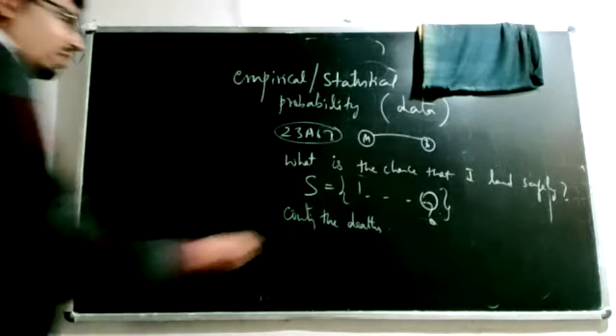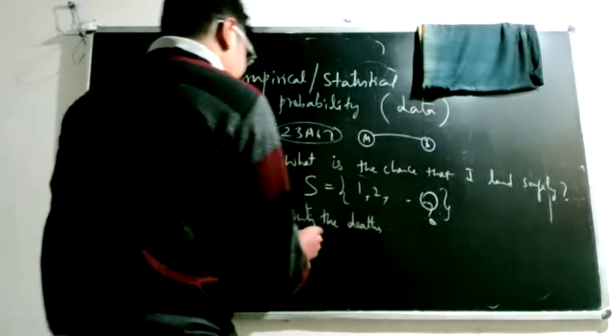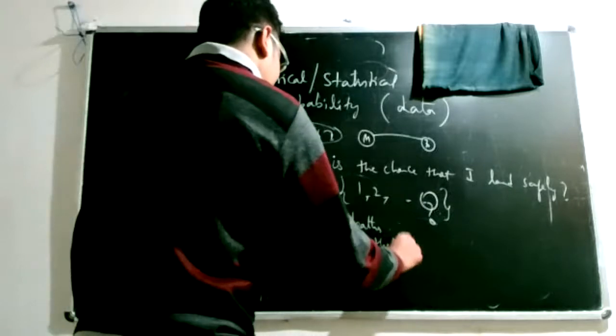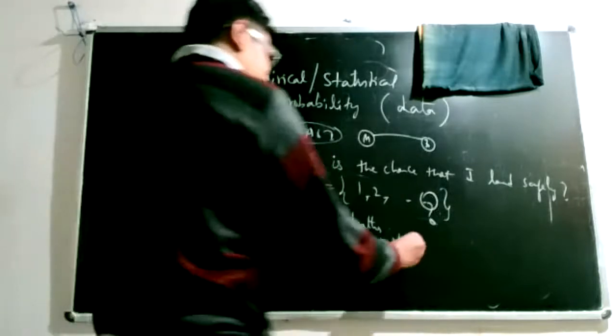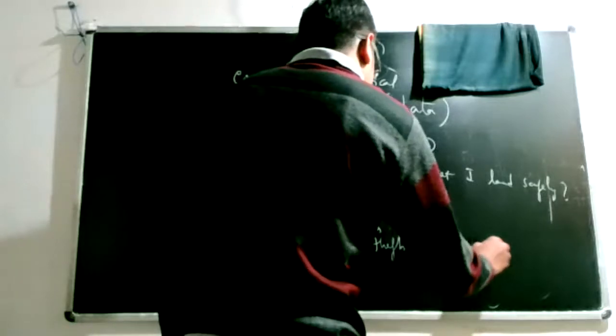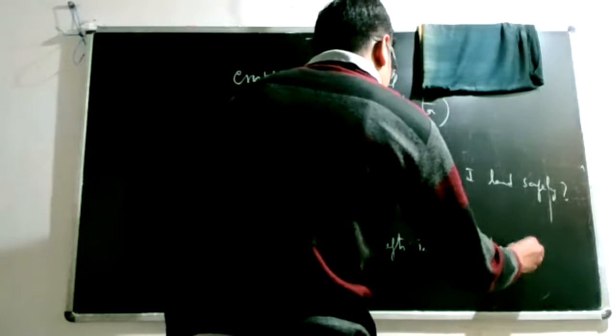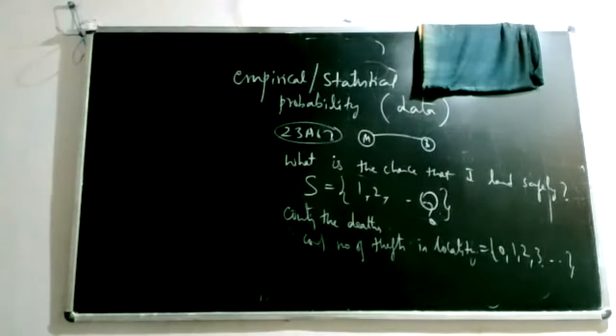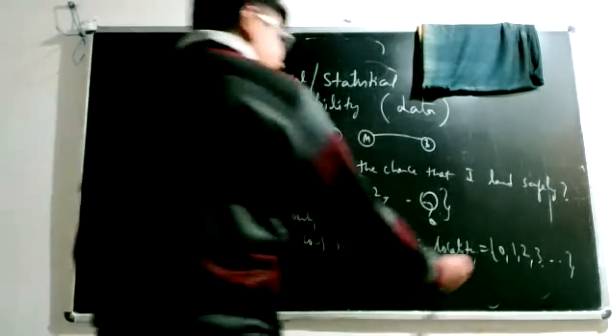Or if you're counting the number of thefts that happened in a locality, how many thefts will be happening? You could say 0 thefts, 1 theft, 2, 3, 4. You cannot exactly say there will be only 10 in this week, or only 0 in this week. So the sample space is infinite.